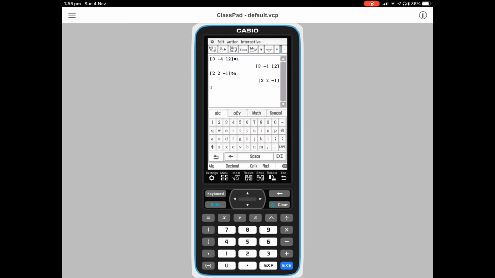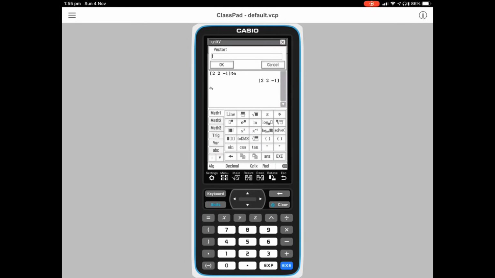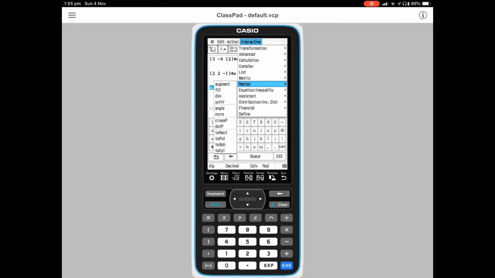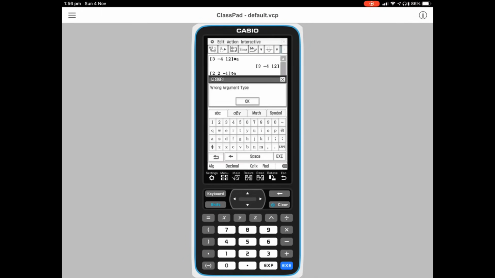Okay, we want A, comma, unit vector of B, the dot product of A and the unit vector of B.